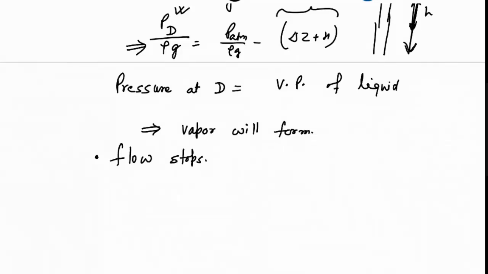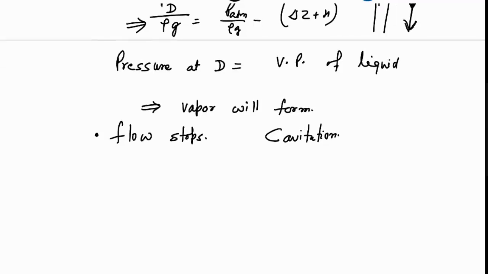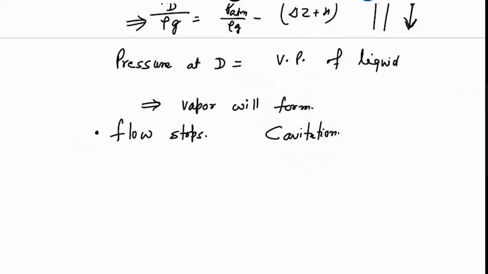So if you want to avoid cavitation, what should be the condition? The condition should be that pressure at D should be greater than the minimum pressure, and in this case the minimum will be the vapor pressure of the liquid.